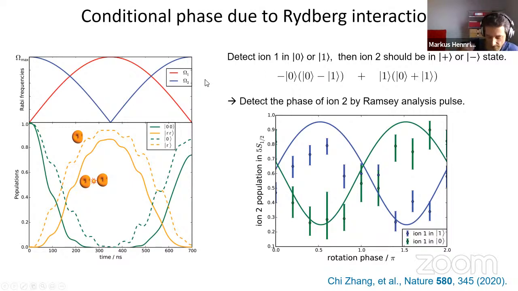You will end up in such a state: for the first ion in the 0 state, you will end up in a 0 minus 1 state, while for the first ion in the 1 state, you will end up in a 0 plus 1 state. So effectively, this is the phase that is induced by this conditional phase gate. Depending on the state of the first ion, you have a conditional phase on the second ion. And this we can detect by detecting the phase with a Ramsey analysis sequence. Depending on the state of the first ion, we have either one phase or the other phase on the second ion.